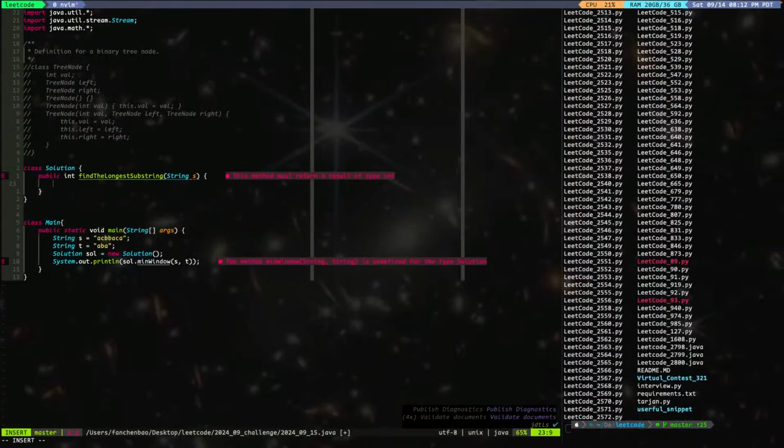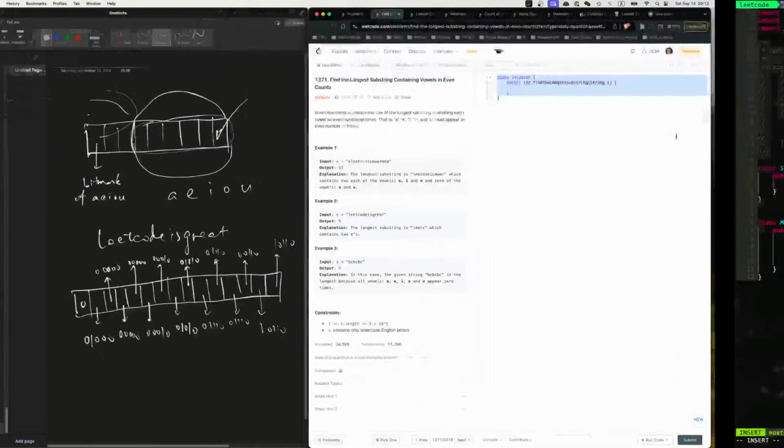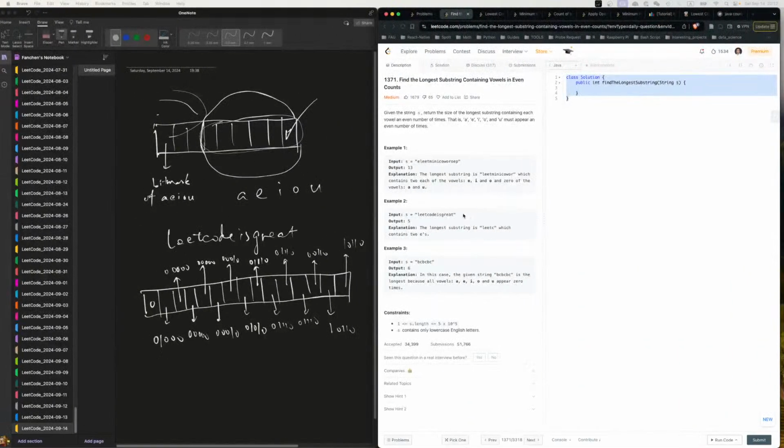All right, so what we want is, do we even need to create an array for the prefix? I don't think so. I think what we need is the first occurrence. That's what we need, the first occurrence. Okay, so we have A, E, I, O, U, right?